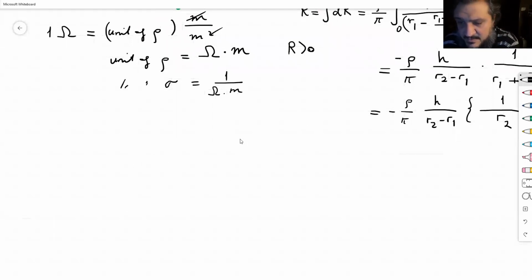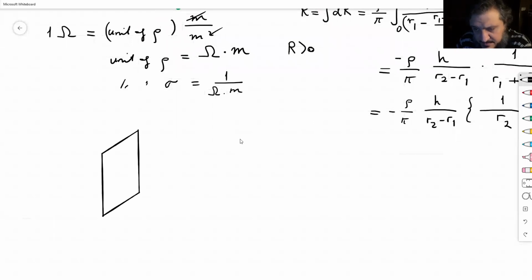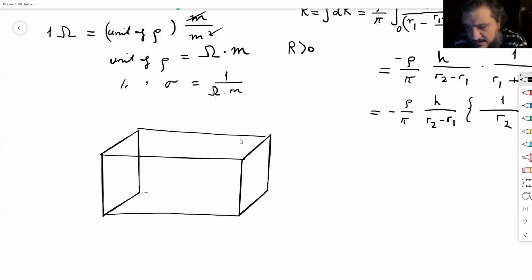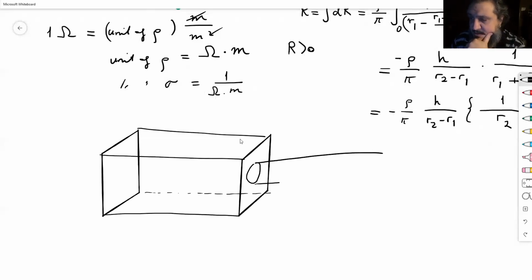So you have a prism, a square prism, let's say. So this is your conductor. The wire that you buy is this shape. And then you have another piece of wire, which is a regular cylindrical wire, like this. And you solder them together, let's say.